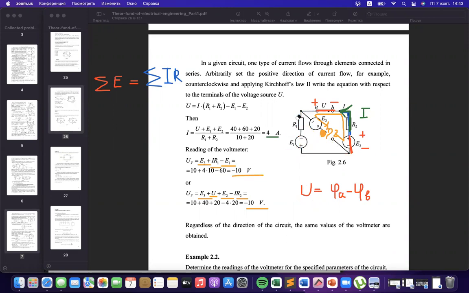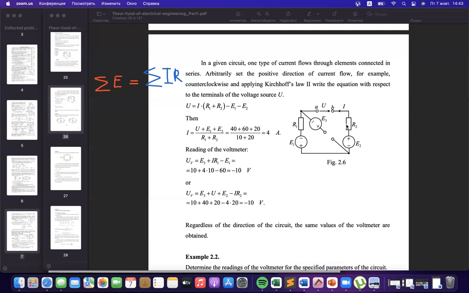How could we find the decreasing or increasing voltage, why we should add, why we should take with minus, how we could find the direction of voltage? A quite useful thing is called a potential diagram.